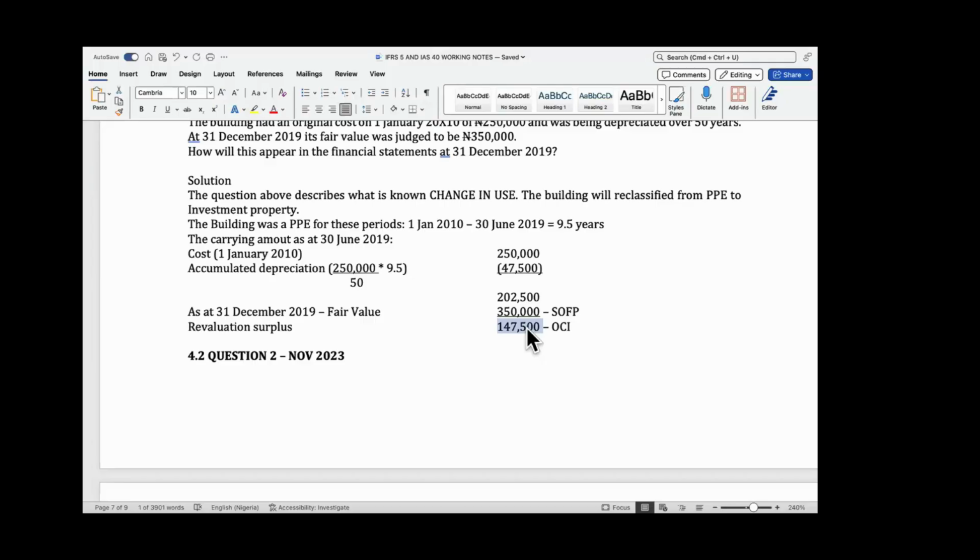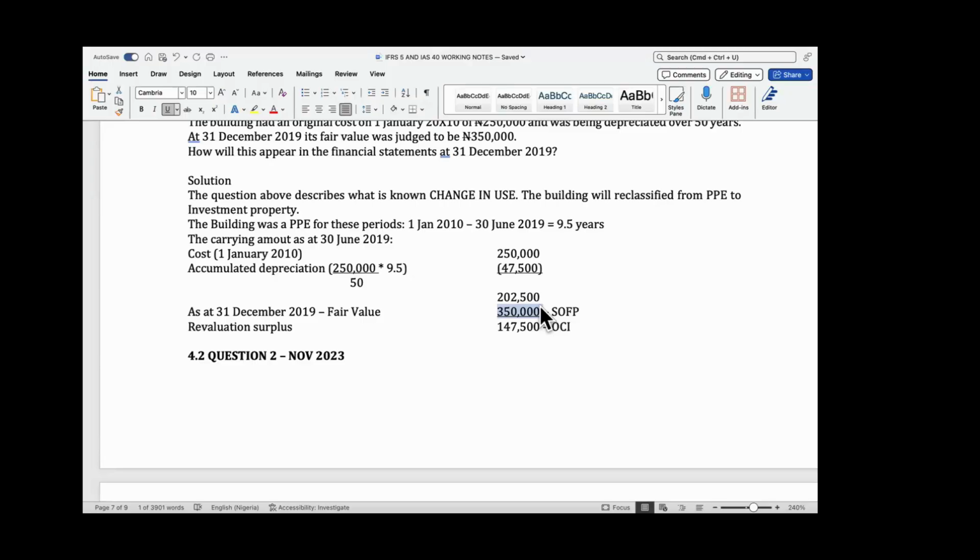So this gain is as a result of that old use, not the new use. However, maybe next year, now that it is investment property, they remeasure it again from 350 to, let's say, 400.